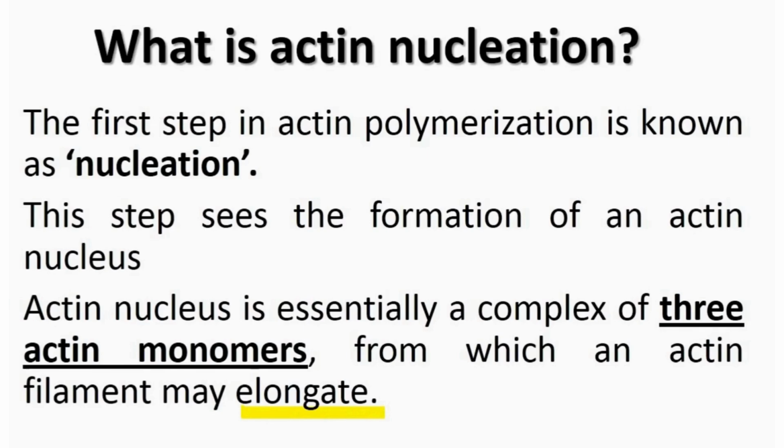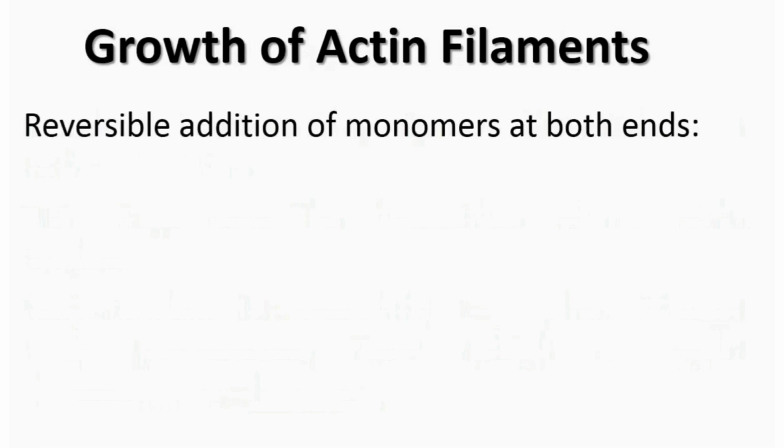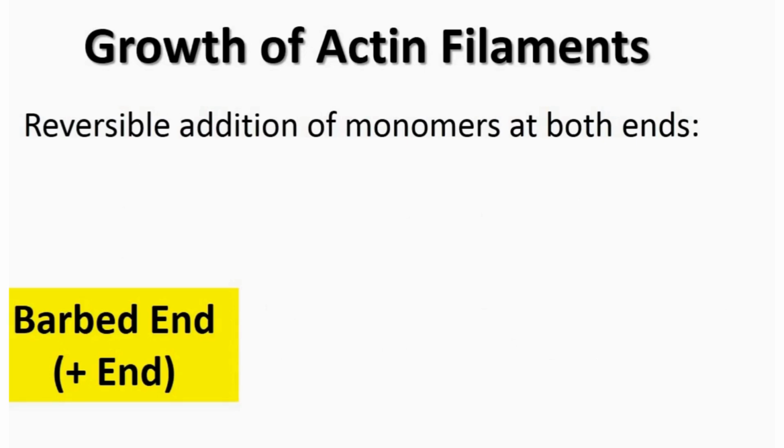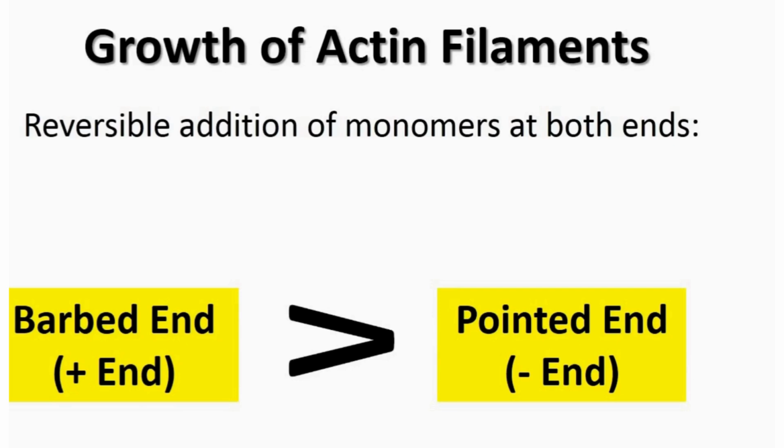As far as the growth of actin filaments is concerned, the reversible addition of monomers does take place at both ends. However, the rate is different. When it comes to the barbed end, also called the plus end, the elongation at the barbed end is much greater.